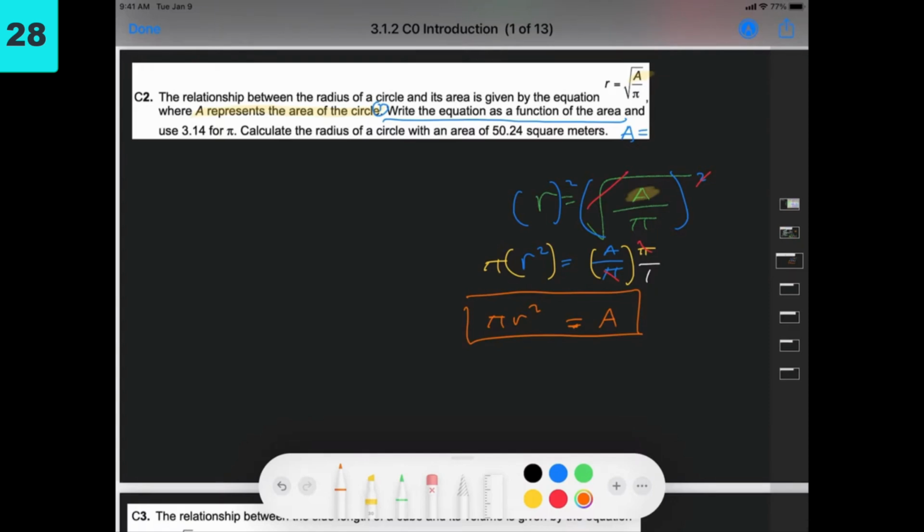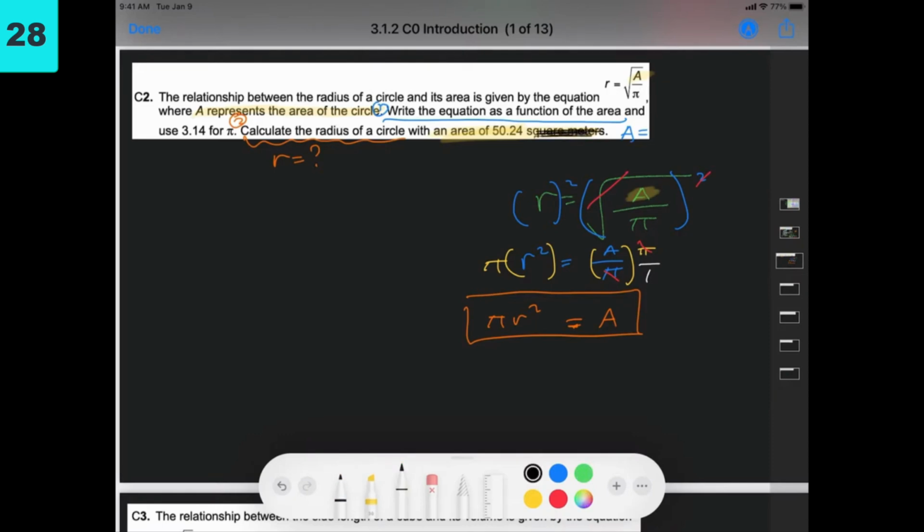Okay. Second thing, calculate the radius of a circle. So, calculate means what is the radius with an area. Okay, I got something. A for area is 50.24 square meters. Okay, don't worry about the square meters. Let's see if I can just cross that off. Don't worry about the square meters.